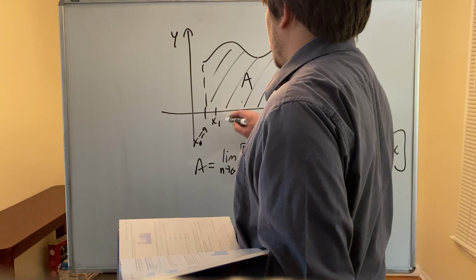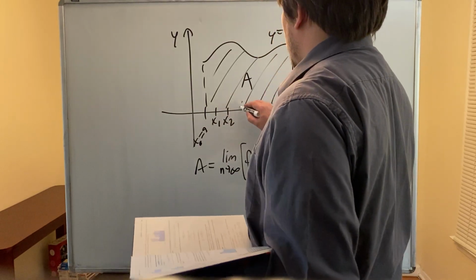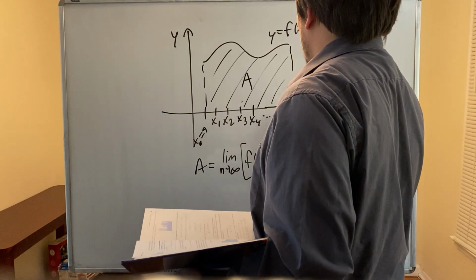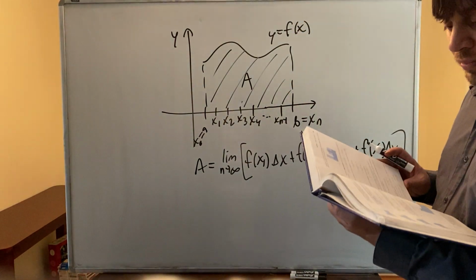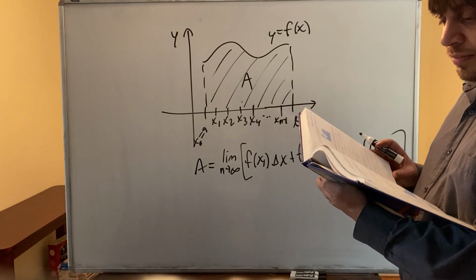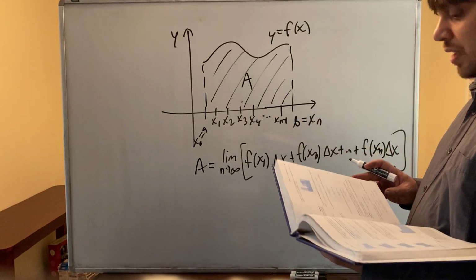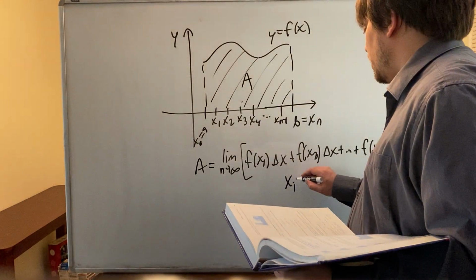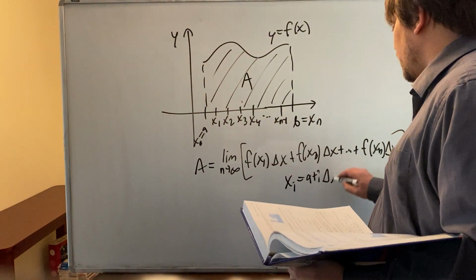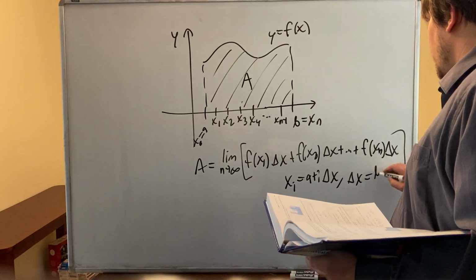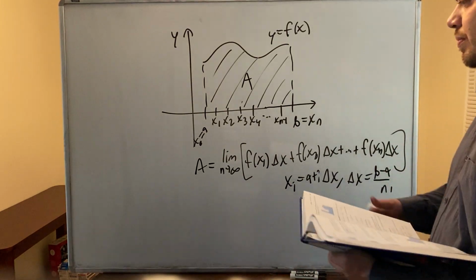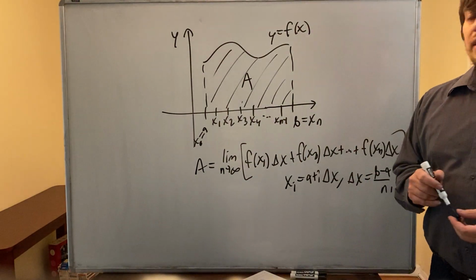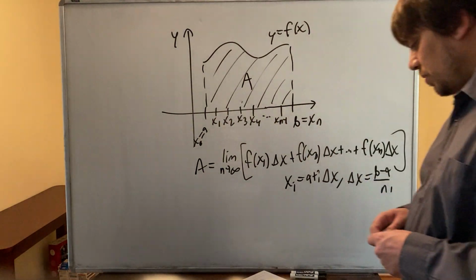You split this up into equal subintervals going from x naught to x n, where x sub i is a plus i delta x, and delta x is b minus a over n. That formula is how you find the area underneath a continuous curve.